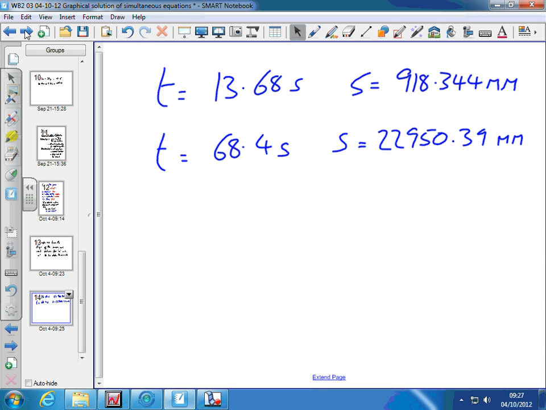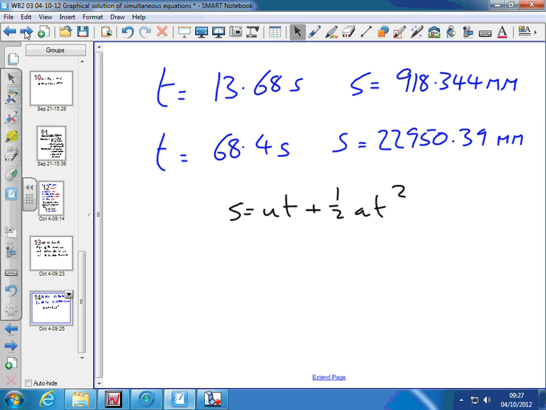What will those simultaneous equations look like? We've got the original formula, here it is, to remind you. So what am I going to do with those values? Put them in, yeah. So S, for the first situation, S equals 918.344 and T equals 13.68.